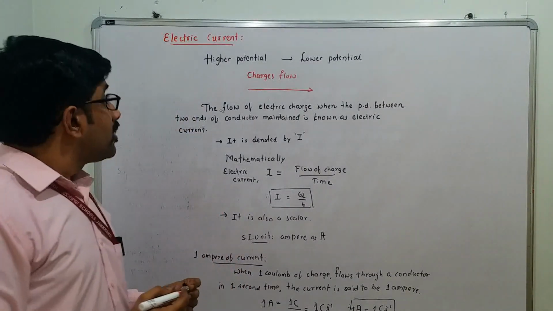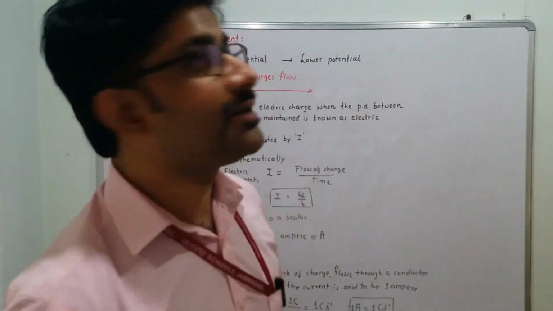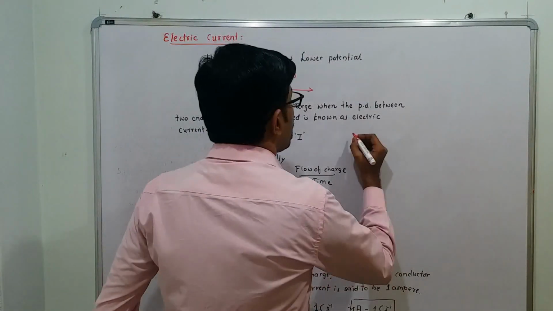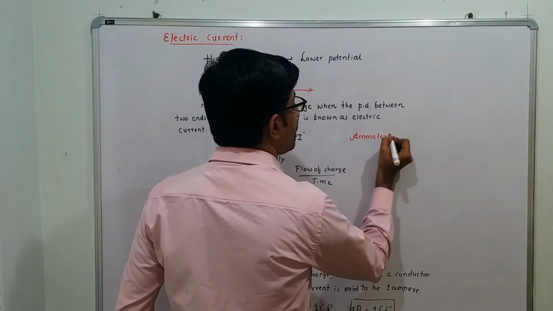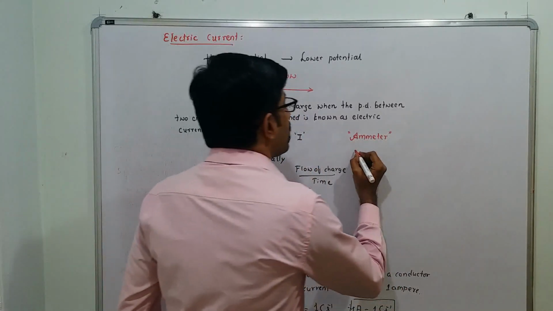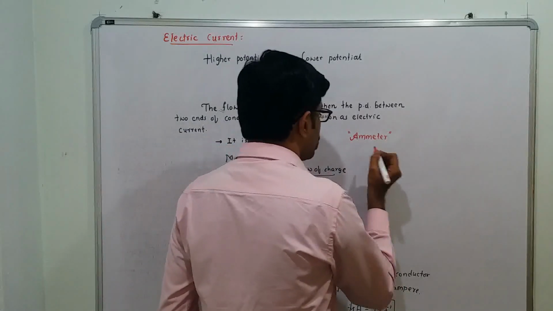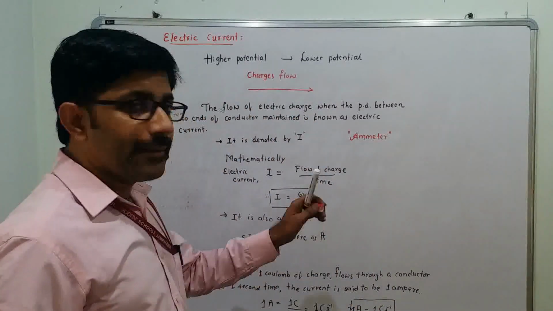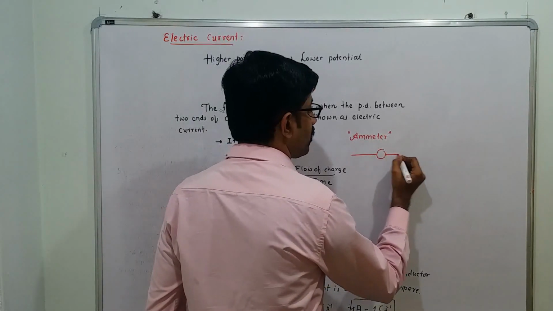Now, electric current is measured by the device called ammeter, and it is always connected across the wire. Whenever you connect the ammeter, it should be in the path of the wire like this.